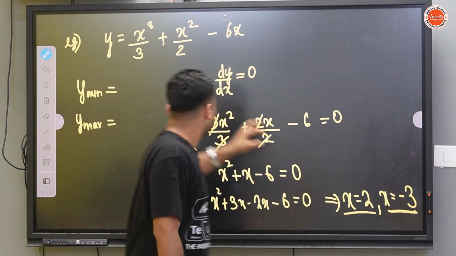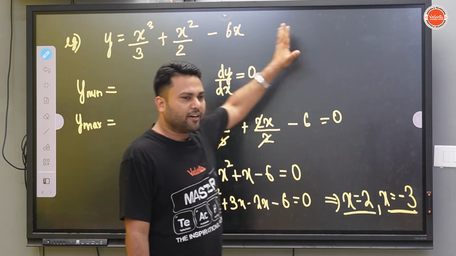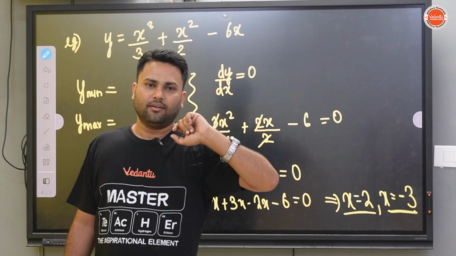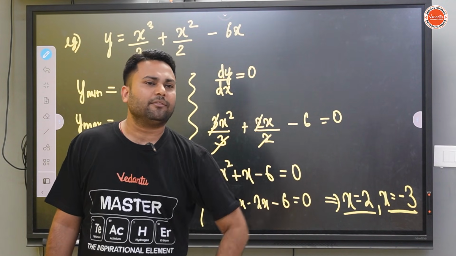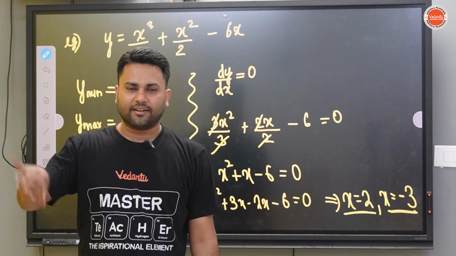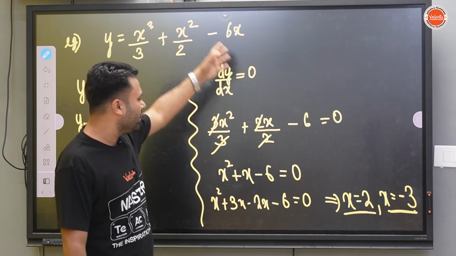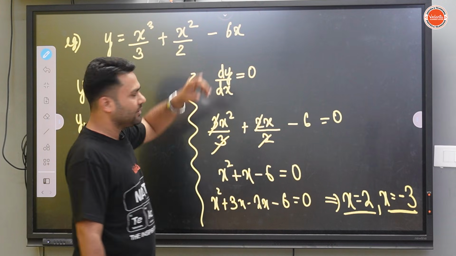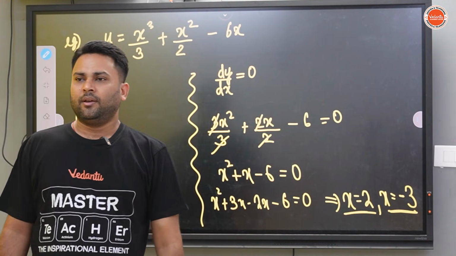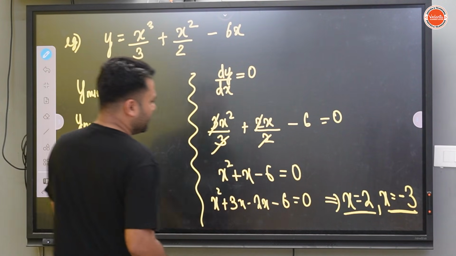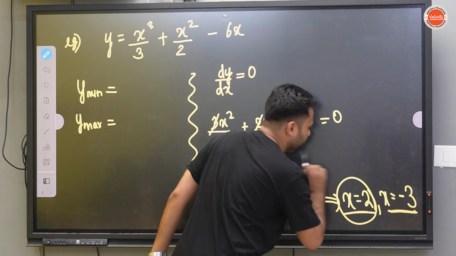Similarly, put x equals to minus 3 here and see what you are getting. If you are getting more, that is the maximum value. If you are getting less, that is the minimum value. But it will take a lot of time. If you put and solve, then again if you take minus 3 and solve. What I am again saying is, you got two answers. This is one of them and this is another.